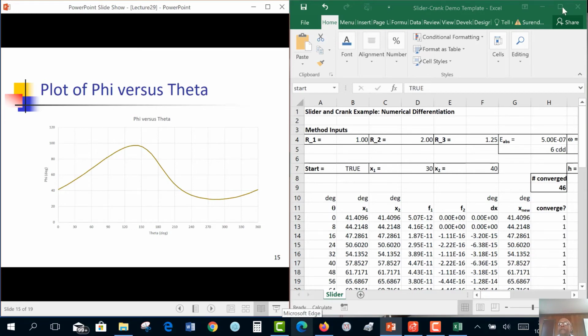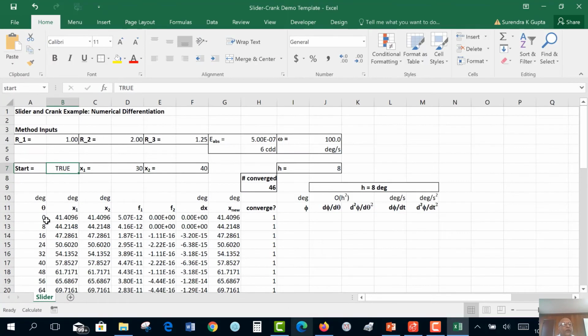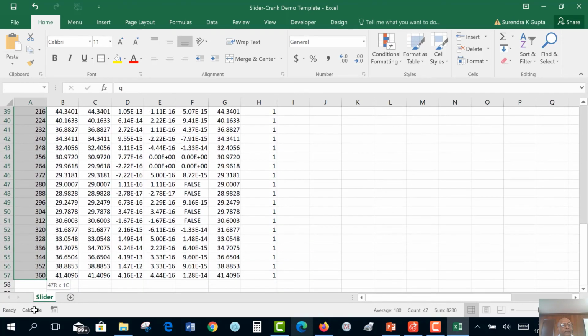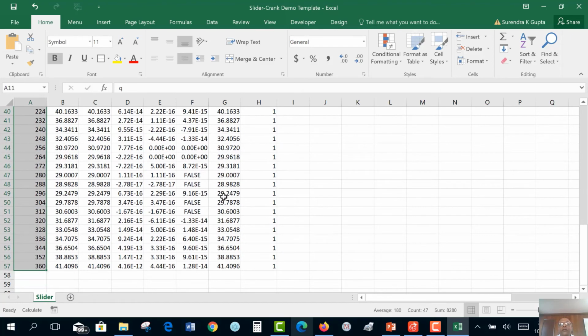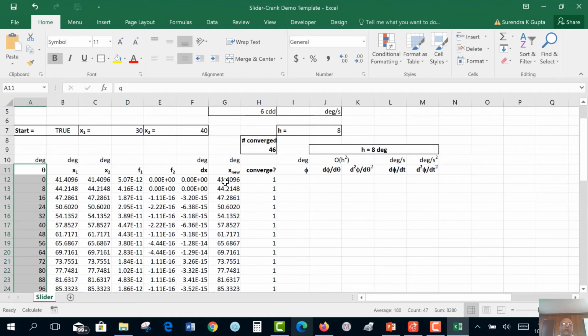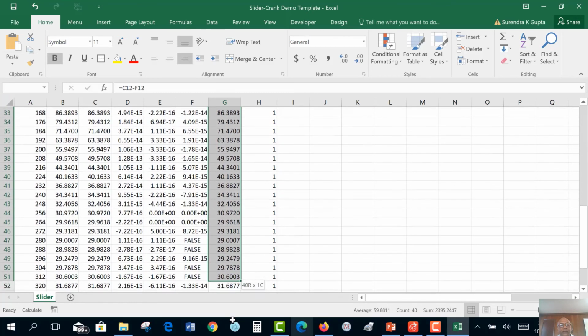So let's plot it. We are going to plot theta versus phi. Now, if I plot it here, the problem would be that if this value changes, my plot is going to change. So I'm going to take all of these values.